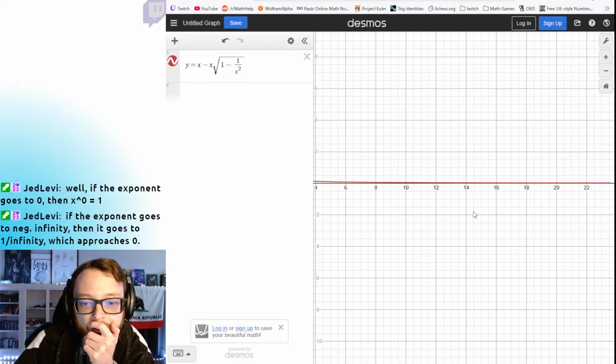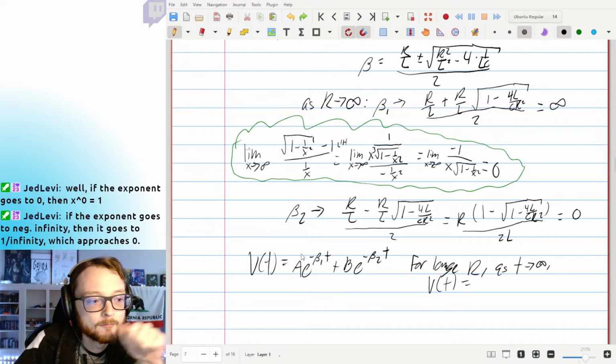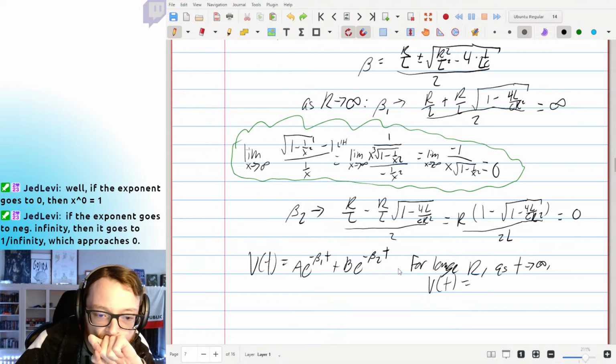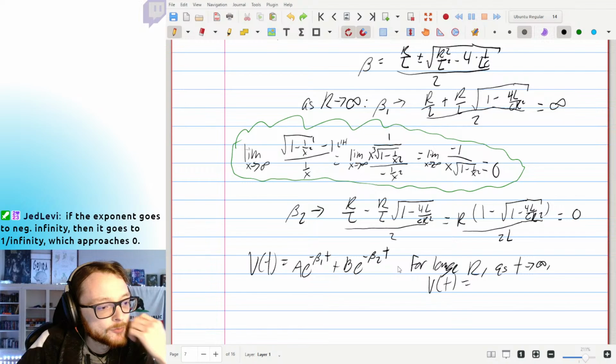And so for large x here, it does indeed go to 0. It goes to 1 over infinity, which approaches 0.